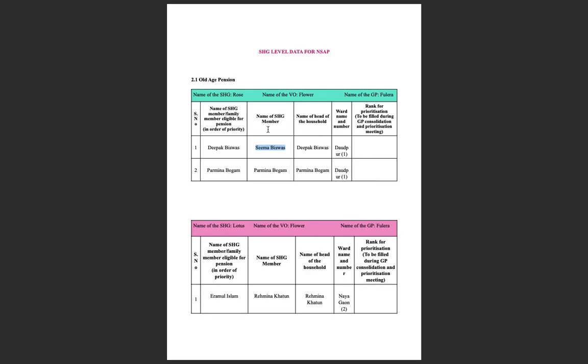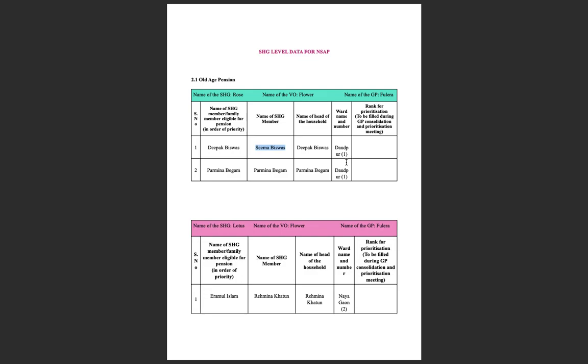Now, one thing which the facilitator has to keep in mind throughout while filling the entitlement data set for SHG is that each and every member should be asked to bring their eligible voter ID, Aadhaar ID card, or ration card so that the data being filled here is correct and in the order of eligibility.